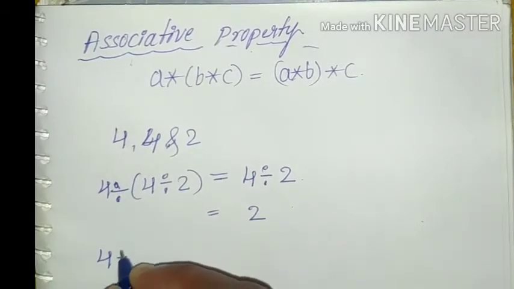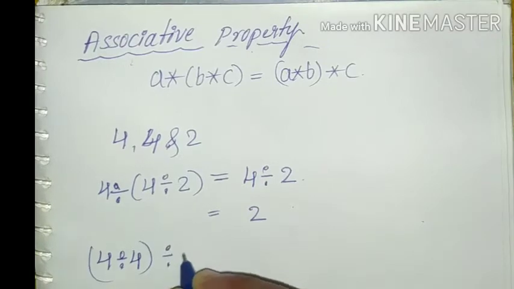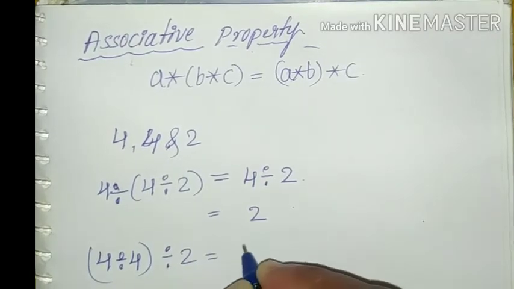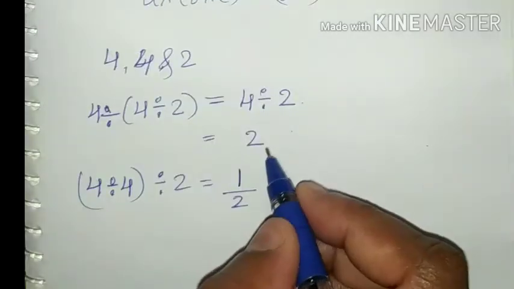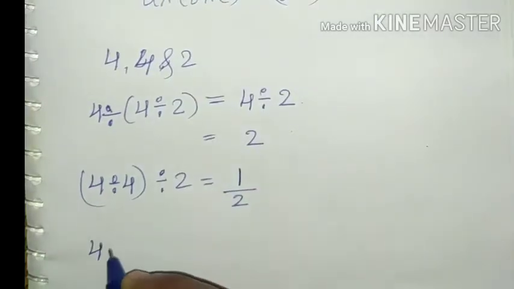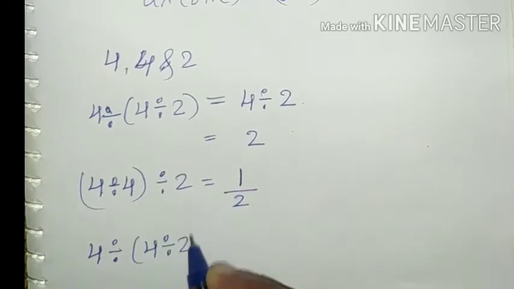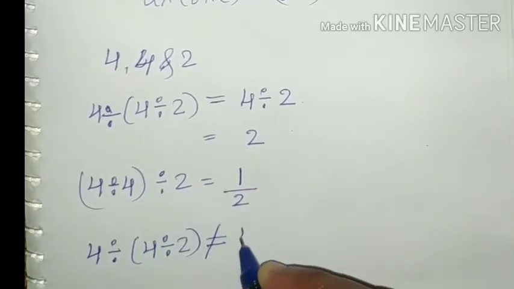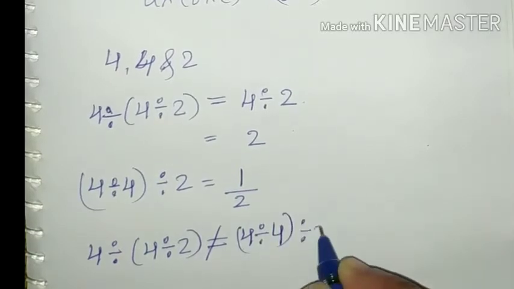And (4 divided by 4) divided by 2: 4 by 4 is 1, then 1 divided by 2. So 4 divided by (4 divided by 2) is not equal to (4 divided by 4) divided by 2. I will take another example.